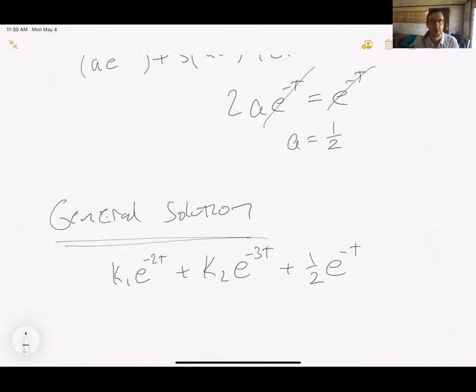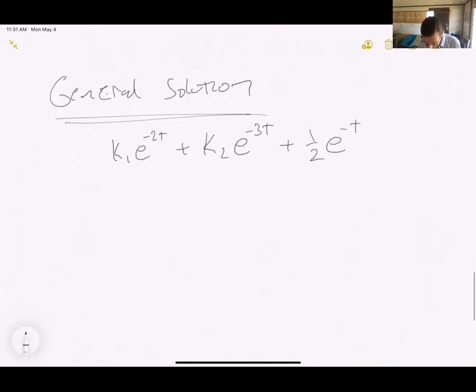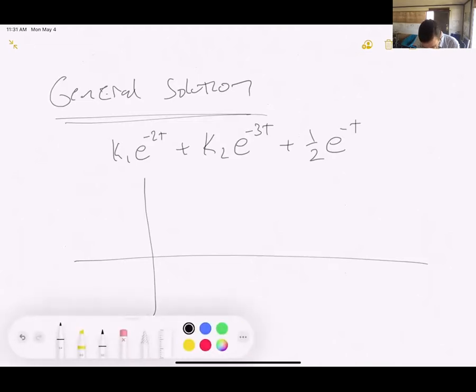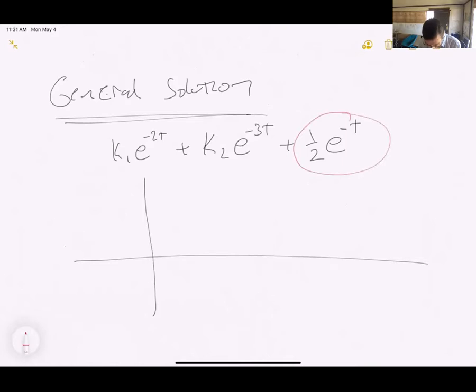Some things to notice here: e to the minus 2t and e to the minus 3t die off a lot faster than e to the minus t. So this is just a qualitative understanding of what's going on. Let's say this is the graph of 1/2 e to the minus t. It's just some negative exponential.